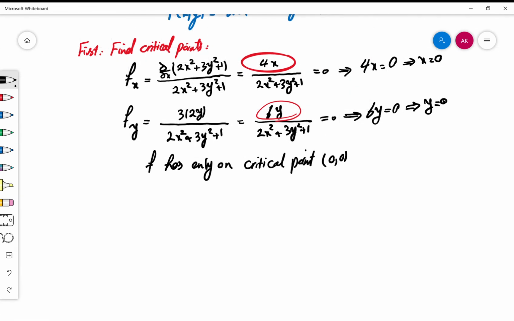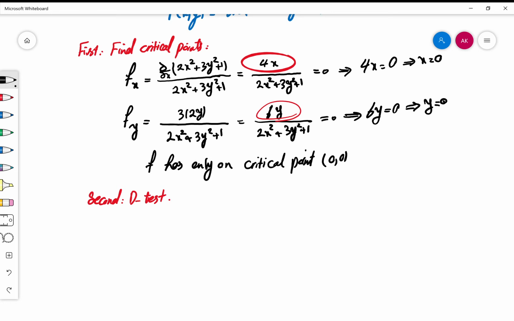Now we have to classify the point. Is it a max? Is it a min? Is it a saddle point, or whatever? Then we need to use the test here.